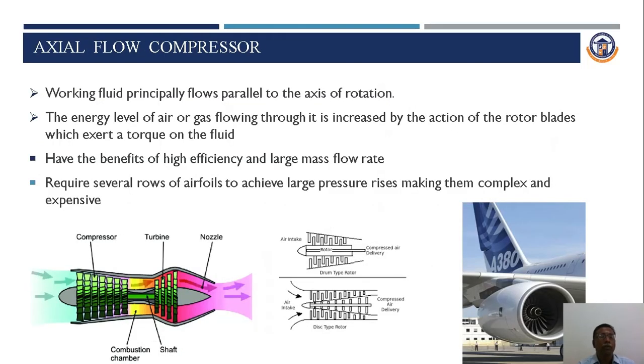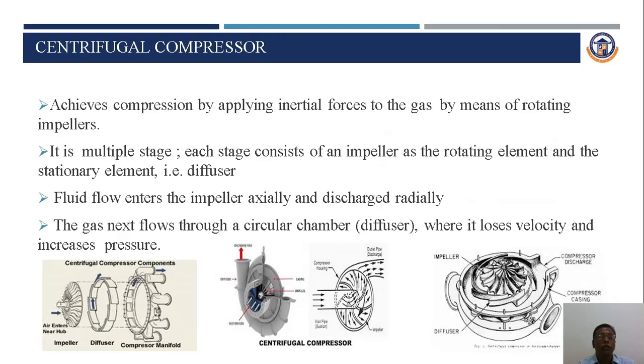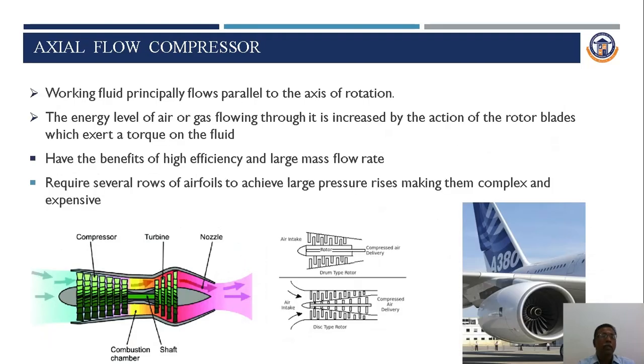Then the axial flow compressor. In the axial flow compressor, the working fluid flows principally parallel to the axis of rotation. In the previous case, the centrifugal compressor, the flow enters the impeller axially and discharges radially. But in the axial flow compressor, the flow is parallel to the axis of rotation.